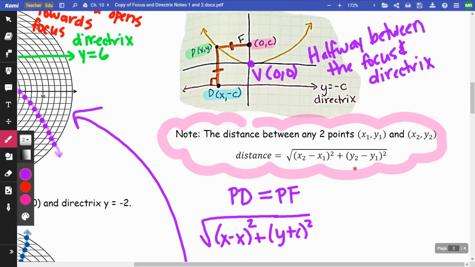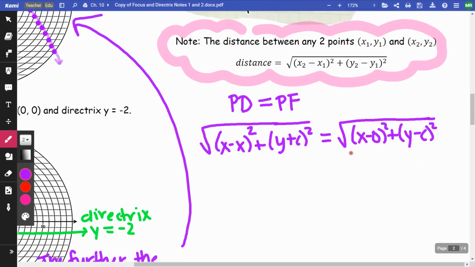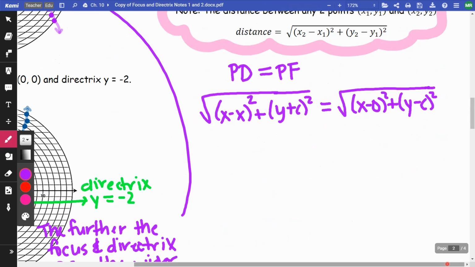I'm just using this formula. Equal, and I'm going to do the same for PF. So P to F, I'm going to take x minus 0, because those are my x coordinates, squared, plus, for my y's, I'm going to take y minus c squared. Again, I got it just by taking these coordinates, using the distance formula. So now we're going to clean this up.